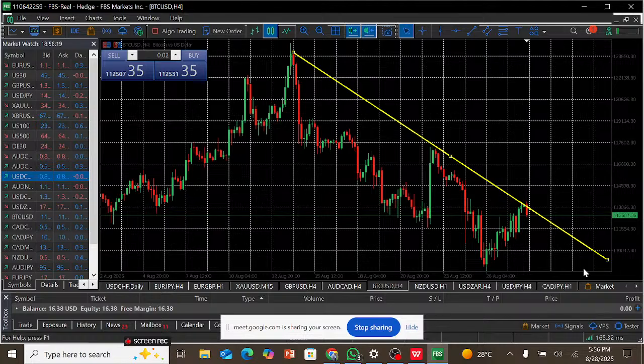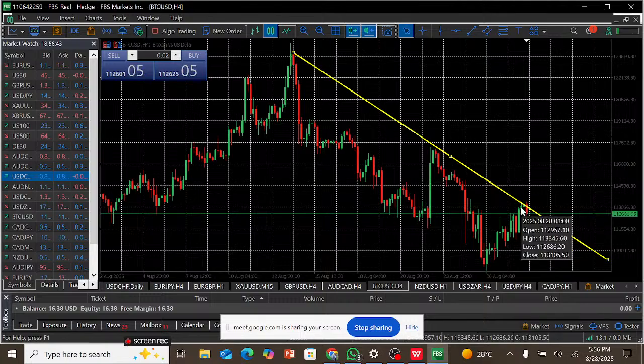I wait for this one to get connected, because I need to make a straight line. So I have to wait until the market makes at least two moves, one move, then two moves back to the trend line. Then I can decide to take a trade here or even here, because every trade I take at the trend line.